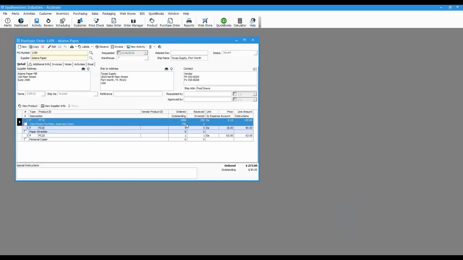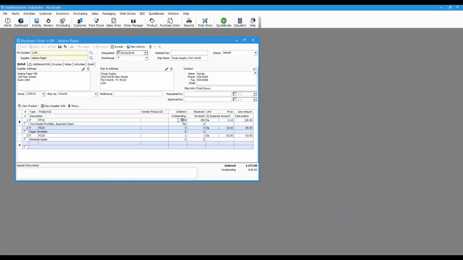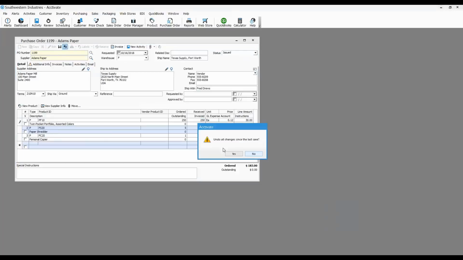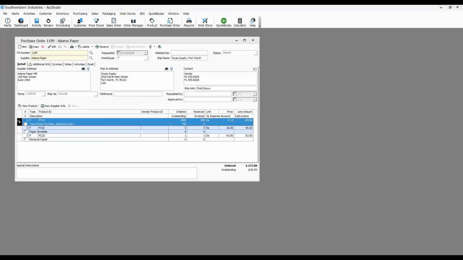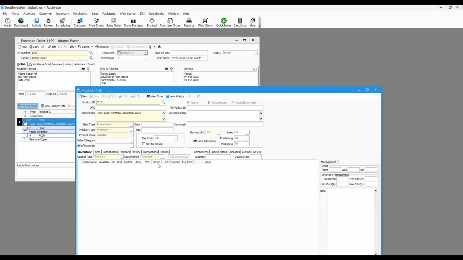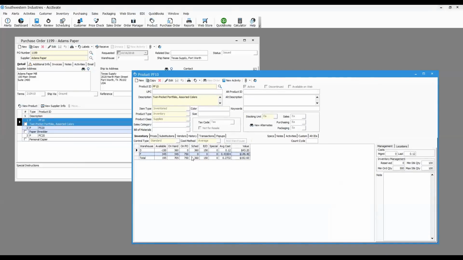And if the vendor is not going to supply that, I'm probably going to want to go in here if it's short and change my PO amount to 250. The reason I want to do that is when I run purchasing reports or forecasting, if I look at this product, if I'm never going to receive that, I actually think that I've got 750 on PO. And over a number of POs, that can add up.